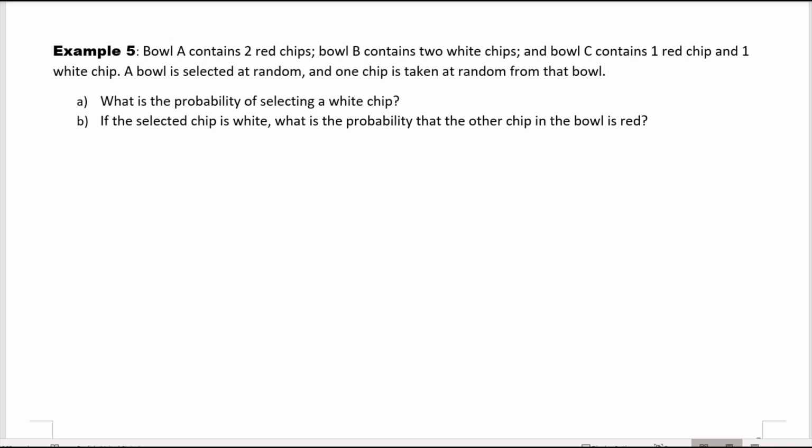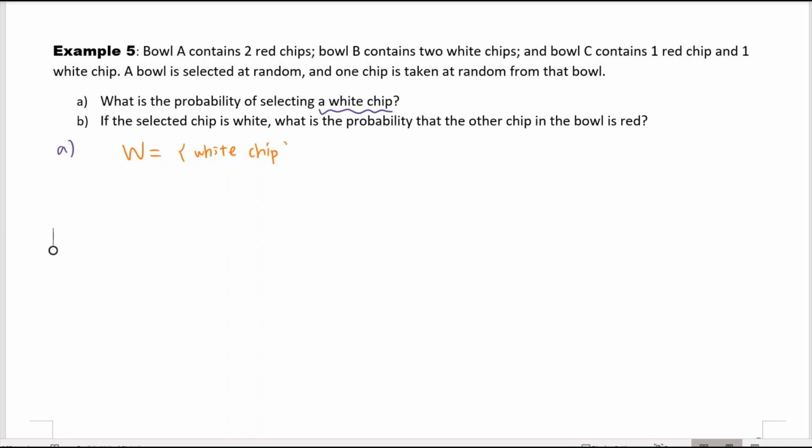Okay, so this is like the Bayes theorem, and here bowl A, bowl B, bowl C are like our B1, B2, B3, right? And then the white chip is like the A. So let's call them different names. Our usual A, now we call it W, which stands for the white chip, the chip we pick is white.